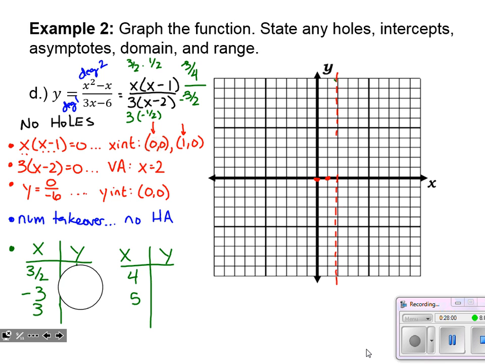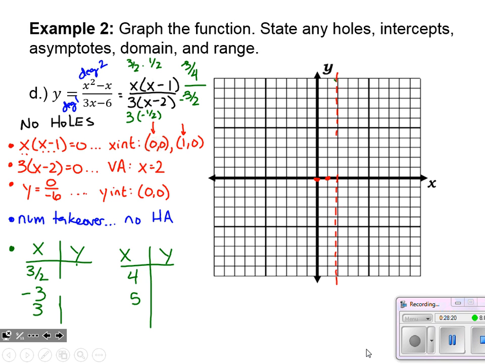Oh boy, let me double check that with the calculator. I'm pretty confident in that math, but for the video I want to be positive, so let's check. I've got 3/2 squared minus 3/2.